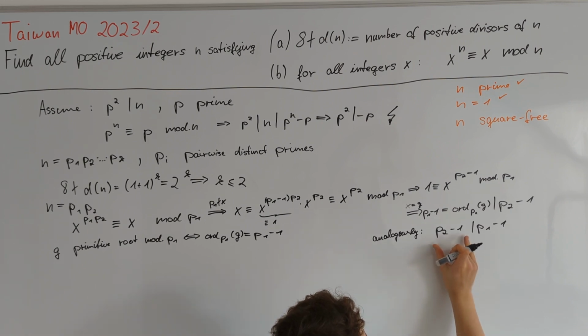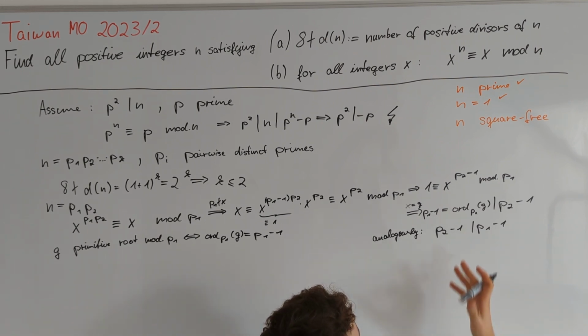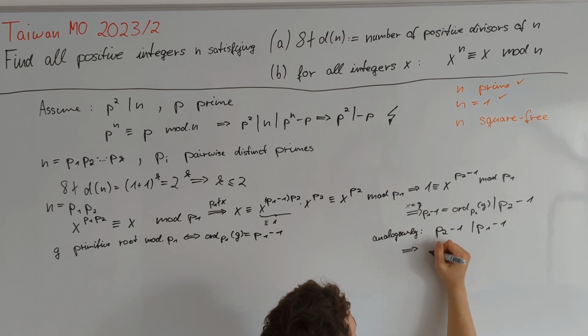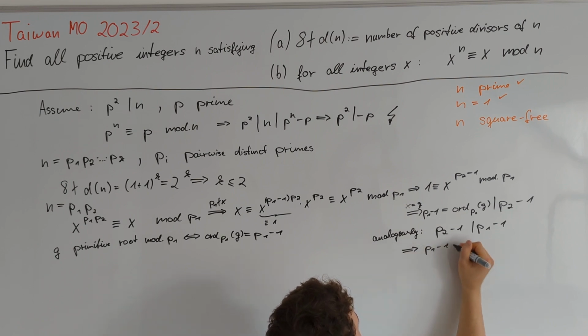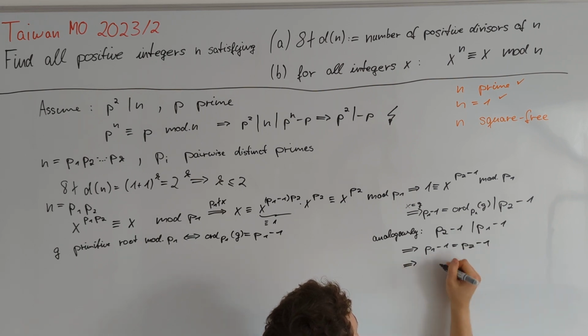And of course, p1 minus 1 and p2 minus 1 are at least 1, because both are prime numbers, and therefore those two divisibility conditions imply p1 minus 1 equals p2 minus 1, or p1 is equal to p2.